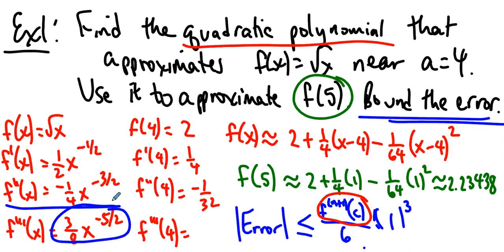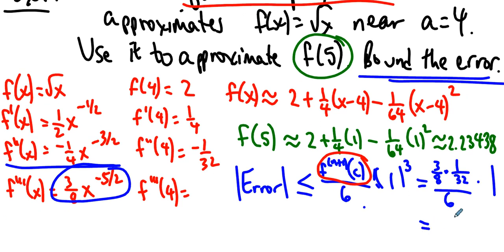Well, it turns out that that happens when x is 4, and when x is 4, this fraction is 3/8 times 1 over 32, and that's over 6 times 1, and that's approximately 1 over 512. So what does that mean? That means that this approximation that we found is no more than that away from the actual square root of 5.